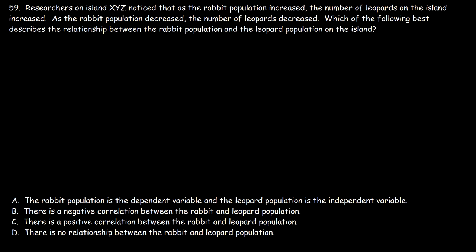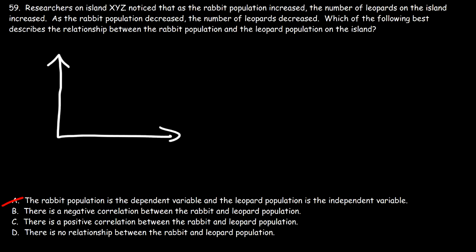So let's look at answer choice A. The rabbit population is the dependent variable and the leopard population is the independent variable. Is that true or false? That is a false statement. Notice that as the rabbit population increased, the number of leopards on the island increased. This indicates that the number of leopards depends on the number of rabbits.